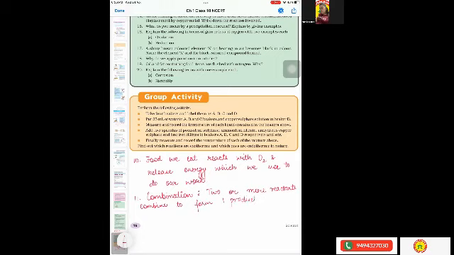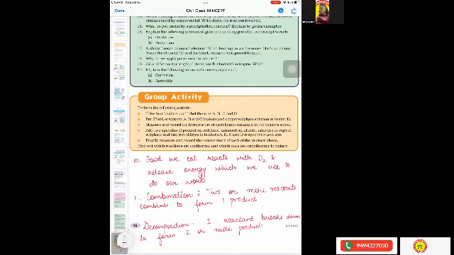Whereas in case of decomposition reaction, one reactant breaks down to form two or more products. Clear, children?